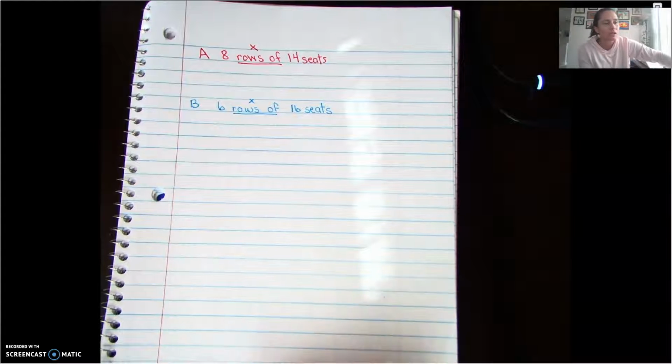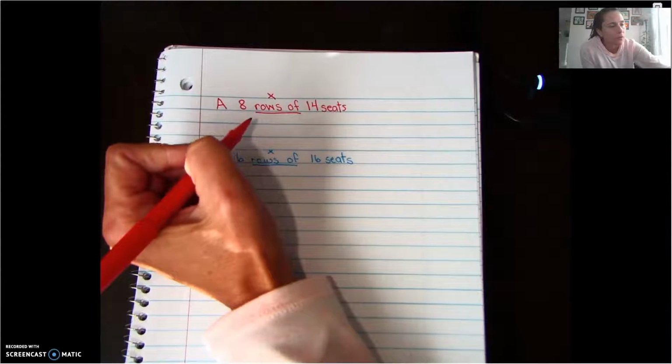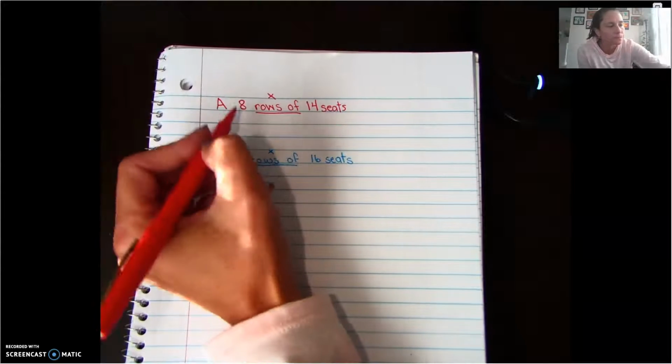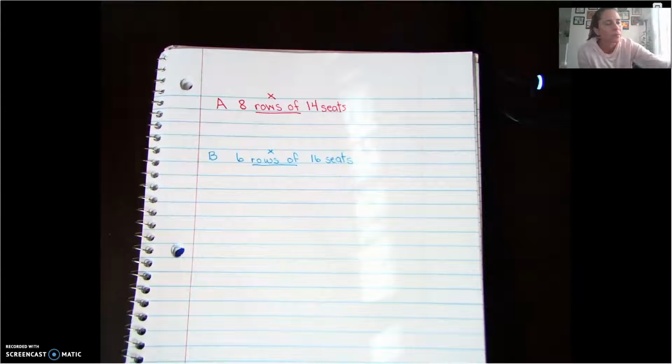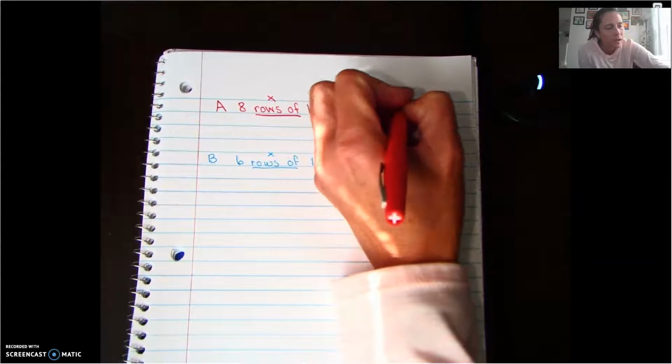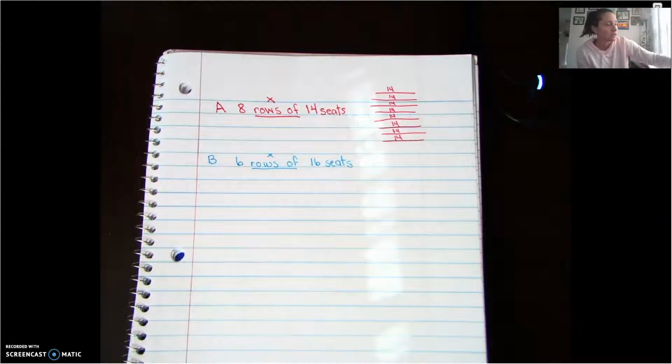If I was doing my picture for A, I would do 8 rows, 1, 2, 3, 4, 5, 6, 7, 8. And each of these lines is 14. 14, 14, 14, 14, 14, 14, 14, 14. So that's 8 rows of 14.